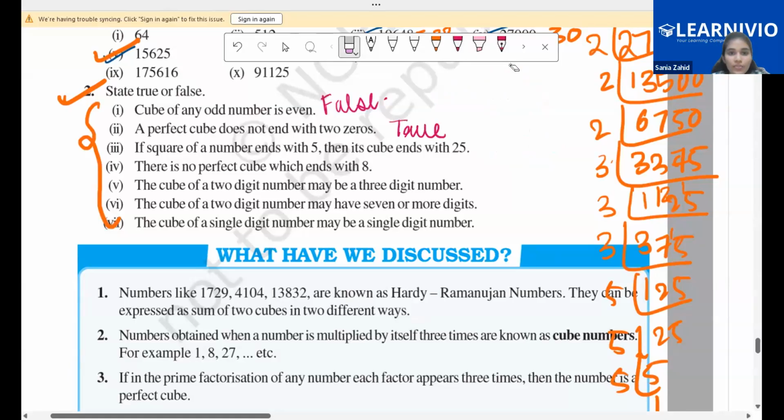Next question is: if the square of a number ends with 5, then its cube ends with 25. Is it true or not? If the square of a number will end with 5, then its cube will end with 25. True. Perfect. Why true?